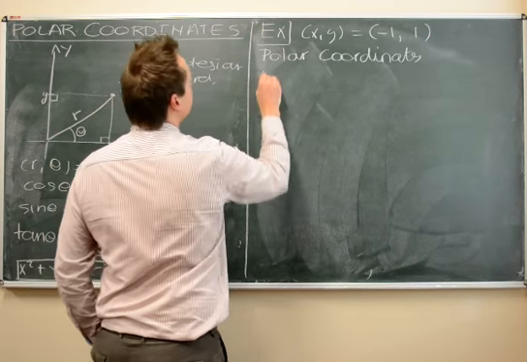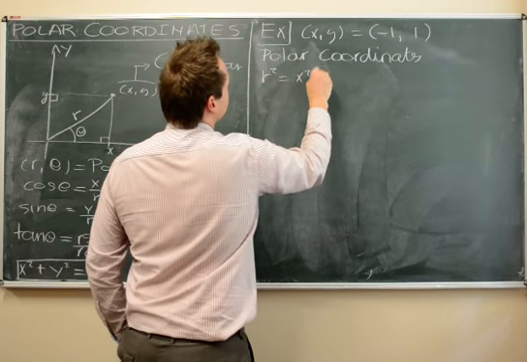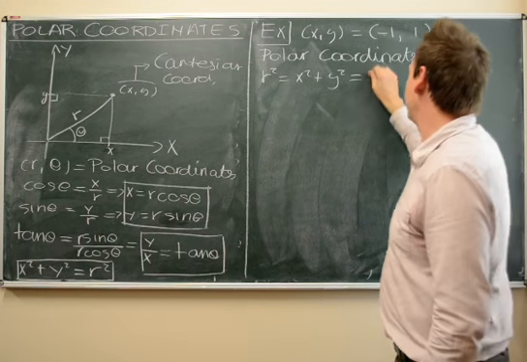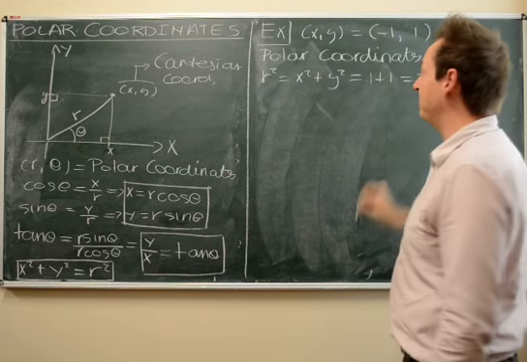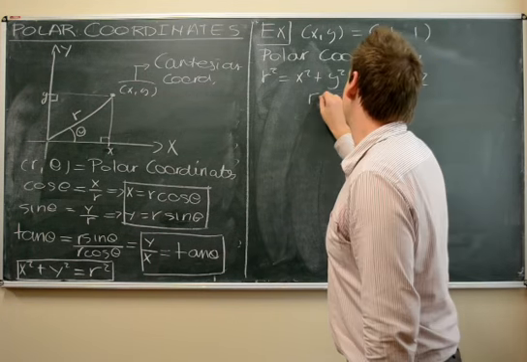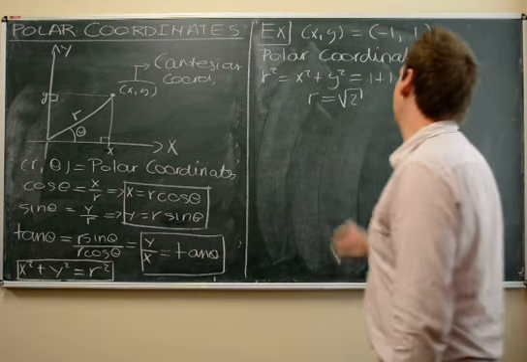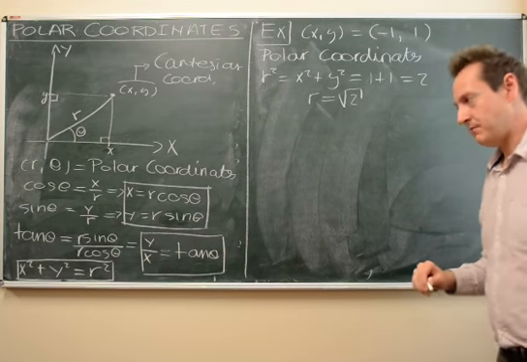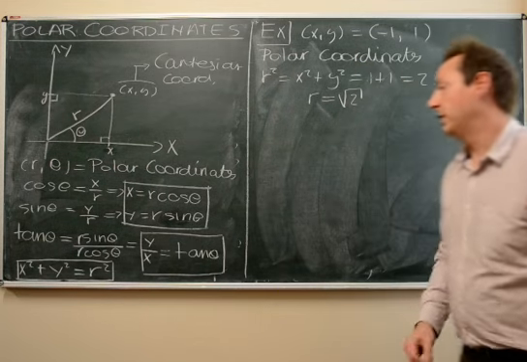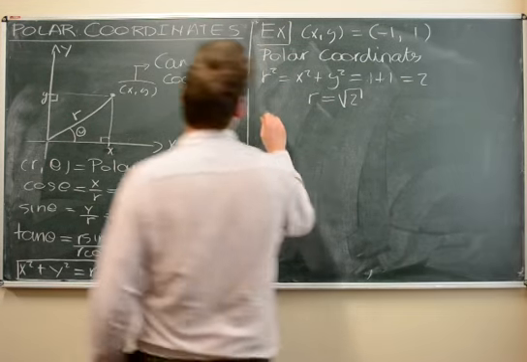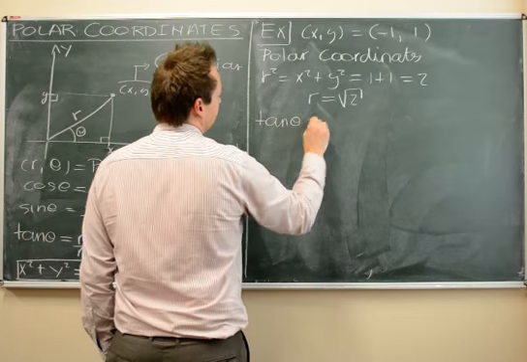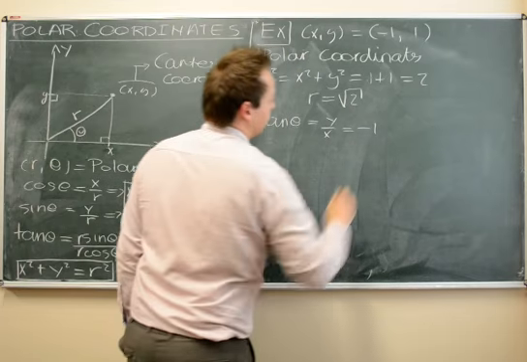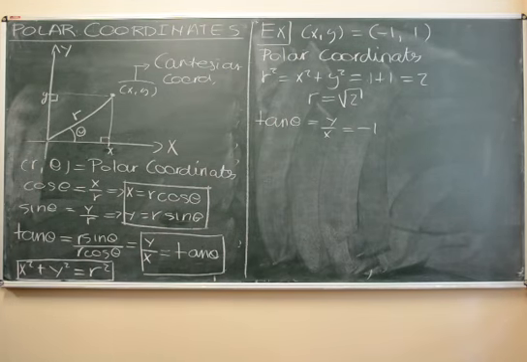Remember, r squared is x squared plus y squared. So for our point, x, y is minus 1, 1. That gives you 1 plus 1, which is 2. So we see r is root 2. So now we only have to calculate theta. I like using this formula for tan theta. So we see that tan theta is y over x. So in that case it gives us tan theta is minus 1.